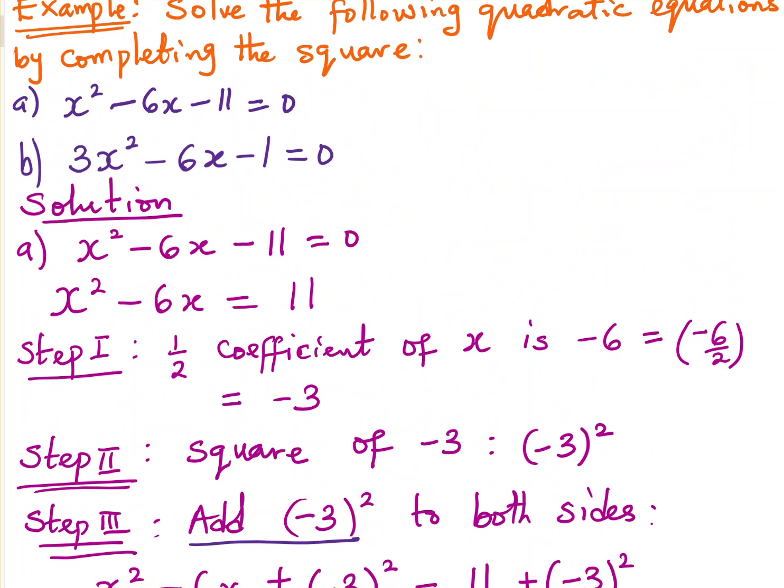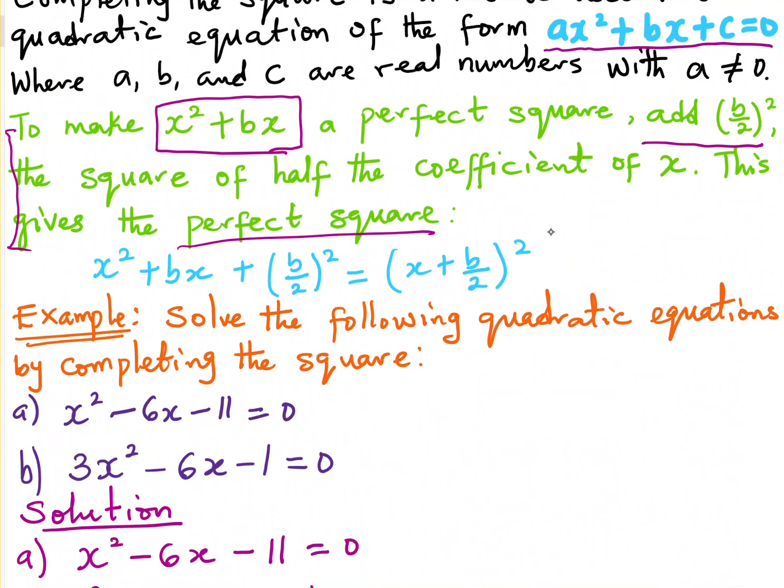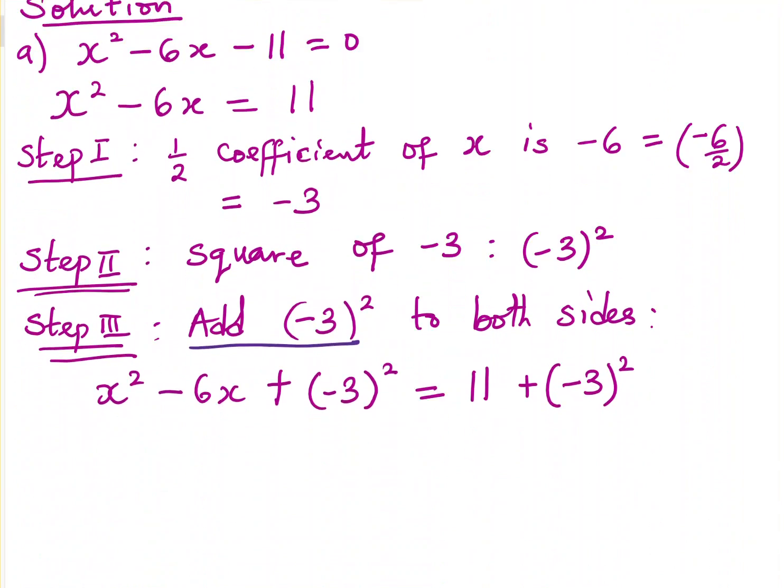And now, if we look at what we have here, whenever we have an expression of this nature, it is the same thing as if we pick x then plus b by 2, everything all squared. If we open up this, we are going to have this expression.